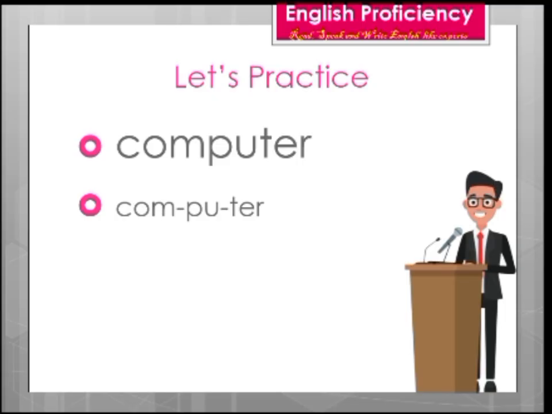The second syllable is "pu," or in the context of this word, "pew." Then "t." So how do you pronounce it? You have "come," you have "pew," then you have "t." Computer. So here we have 3 syllables. Let's look at the next word.